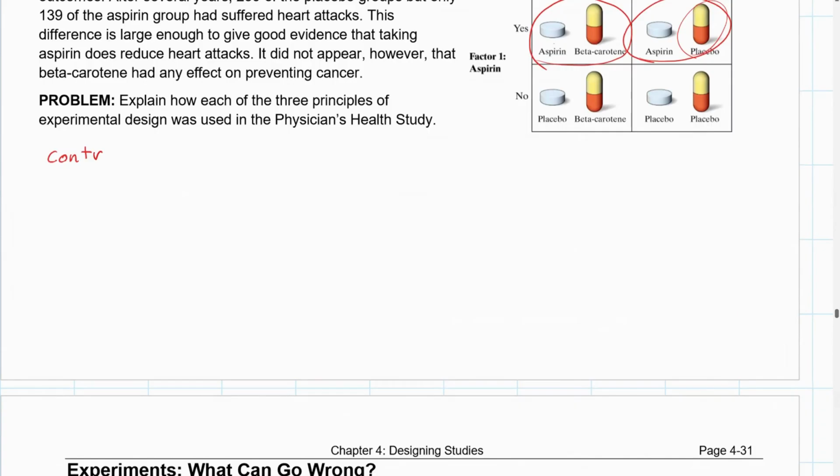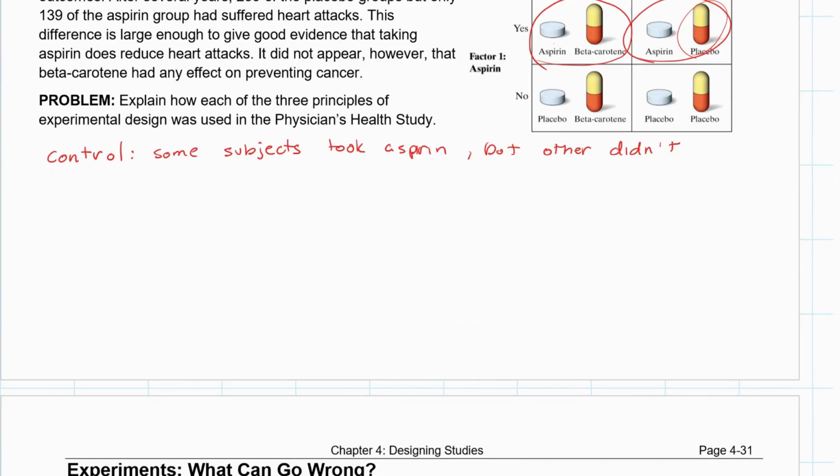Well, first of all, we'll talk about control. Some subjects took aspirin, but others didn't.